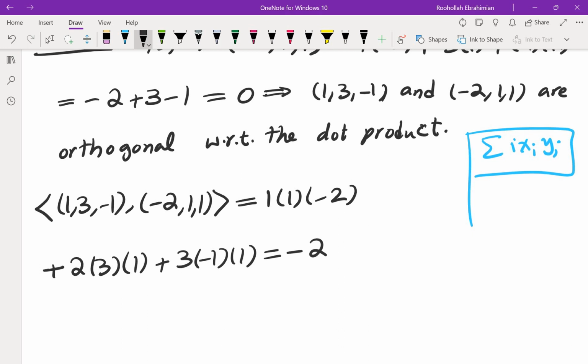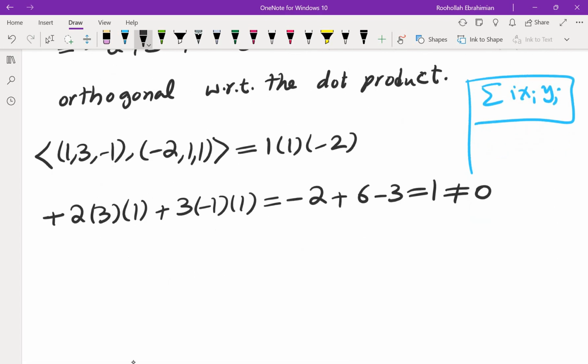This is equal to negative 2 plus 6 minus 3, which is 1. This is not 0, which means these two vectors are not orthogonal.